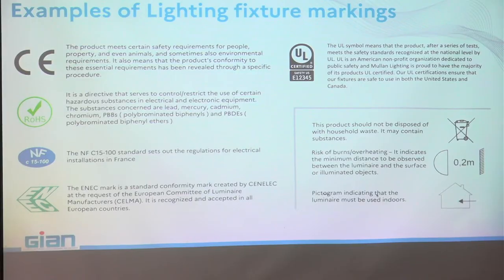This is something I want to highlight: all fixtures have markings, and those markings are not just to be beautiful. They have a meaning and you have to understand them. One here, the CE, is European conformity.